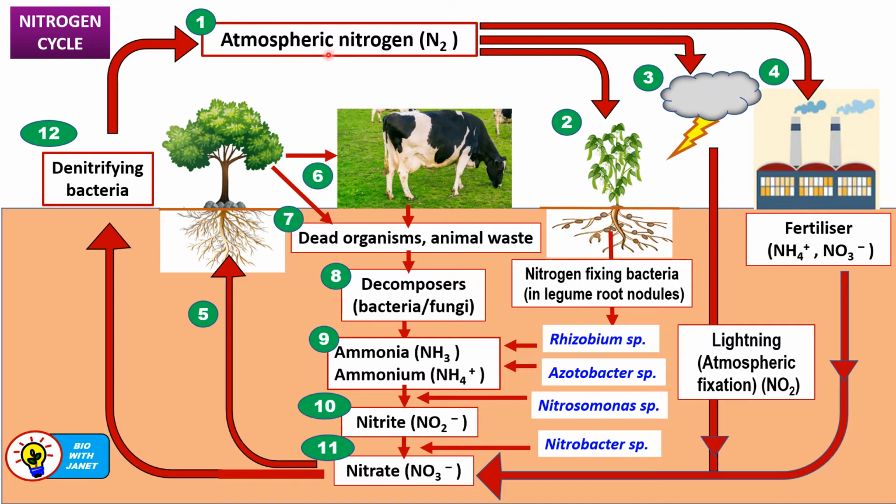So this will complete the whole nitrogen cycle. All right. So this denitrifying bacteria will reduce the amount of nitrates in the soil because they will convert the nitrates back to atmospheric nitrogen. So that's the whole process or whole nitrogen cycle.